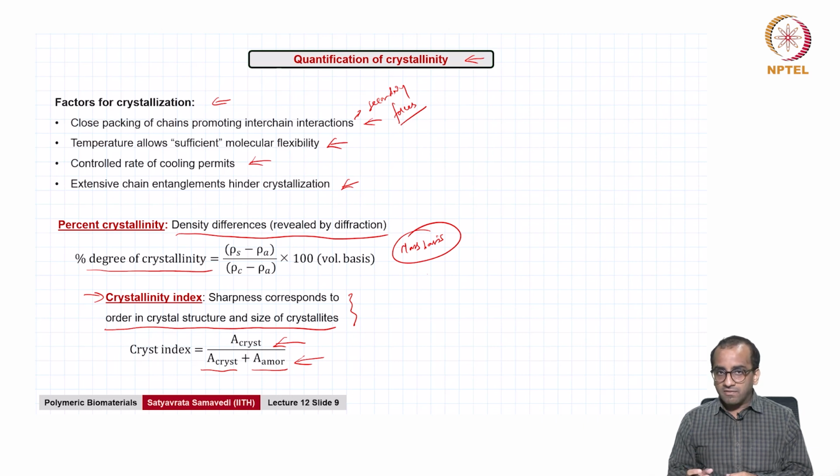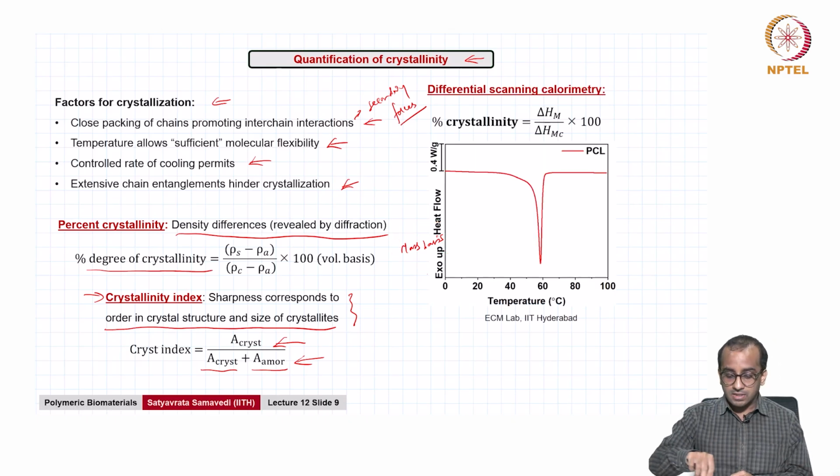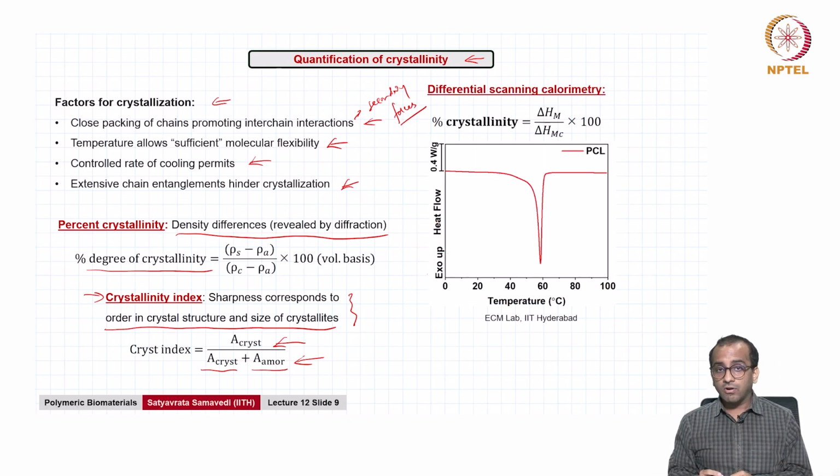While these are based on diffraction experiments, you can also have another calorimetry based experiment that will also give you access to crystallinity, and that is a technique called differential scanning calorimetry. It is a very popular and extremely powerful technique to obtain a lot of information about thermal transitions in many polymers.